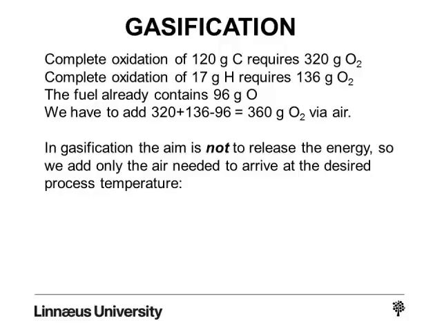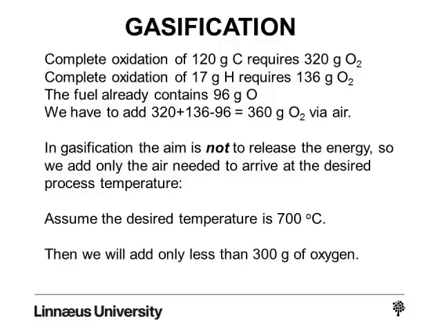Instead, what we do is that we add a little bit of air so as to combust a part of the fuel, and by that combustion release sufficient energy to arrive at the desired process temperature. And if we assume that the desired temperature is 700 degrees, then we will only have to add less than 300 grams of oxygen to arrive at that temperature.